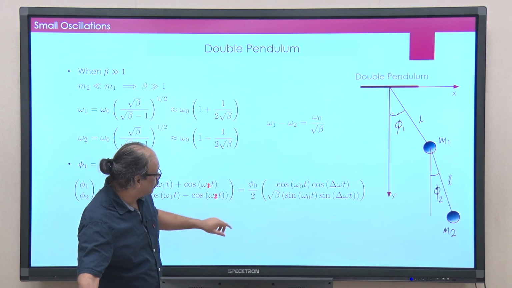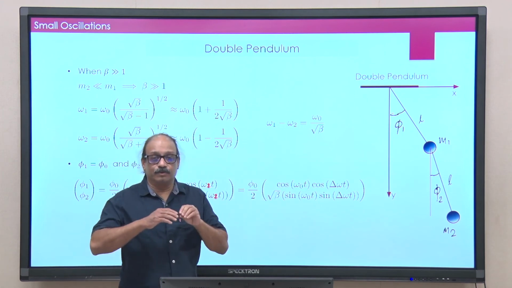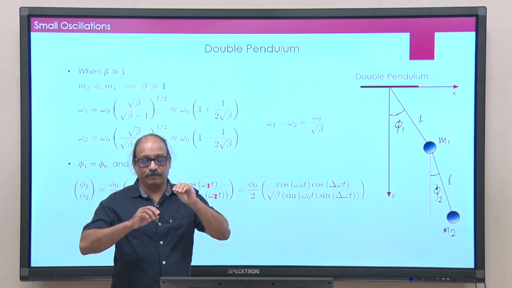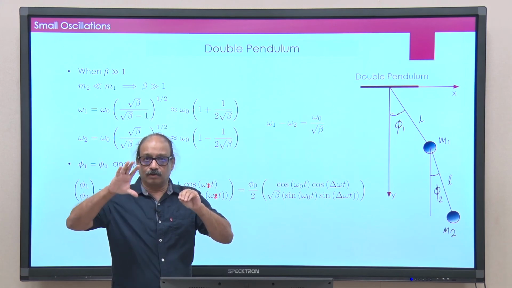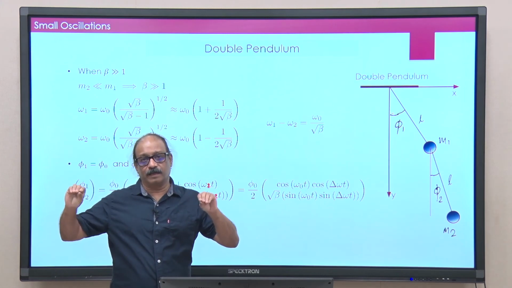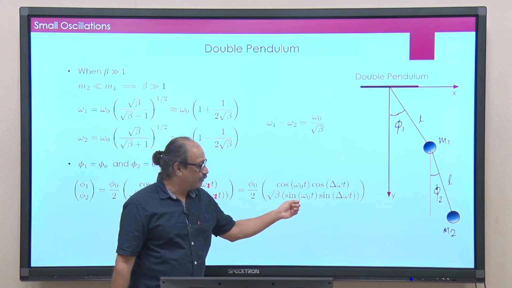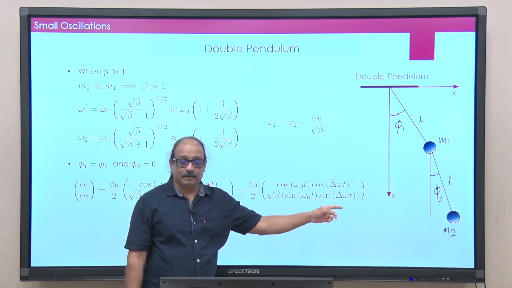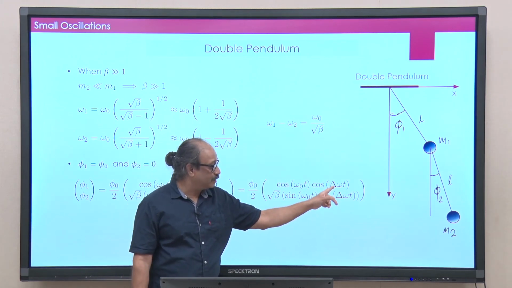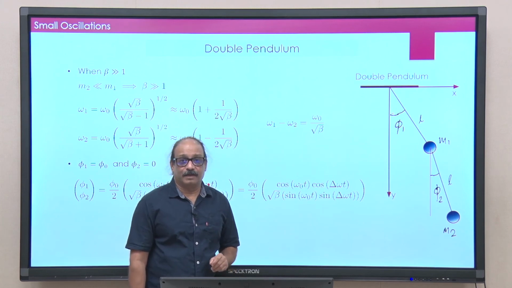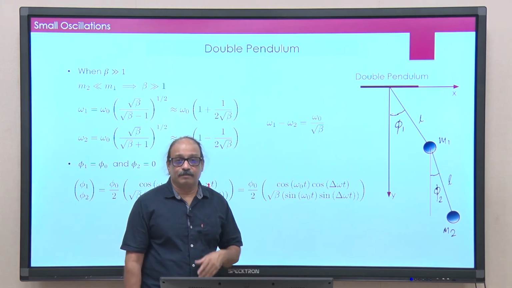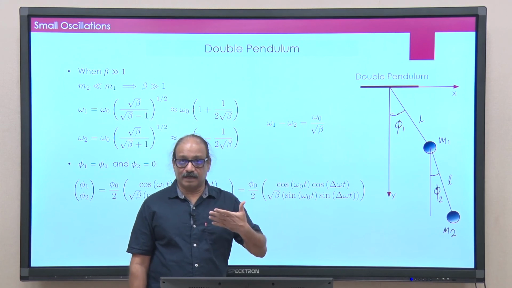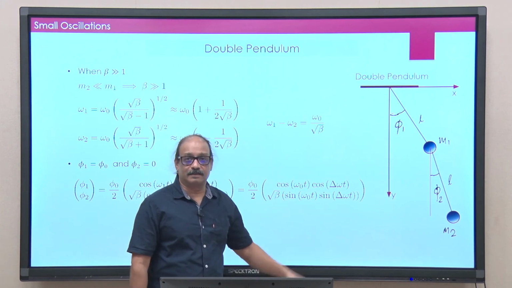Okay. So, the first one will show you the beats, its amplitude will be very small, then it will grow and then it will become very small again, and so on. The second one does the same thing, but the only thing is there is a difference of pi by 2 between the first beats and the second beat.